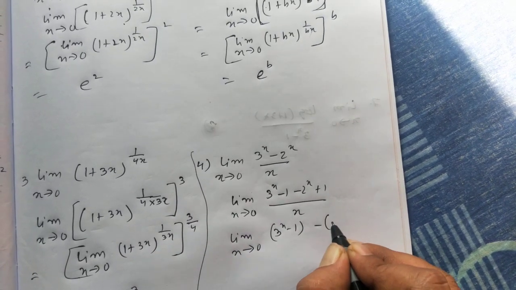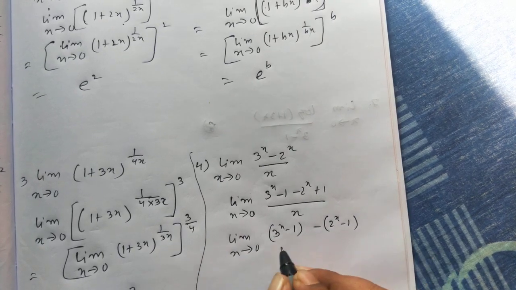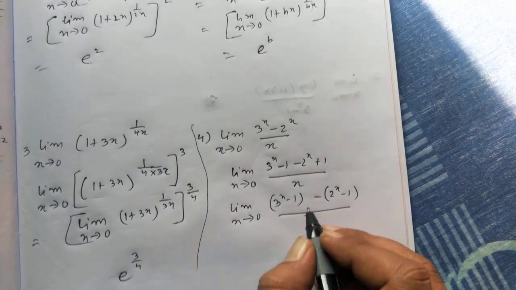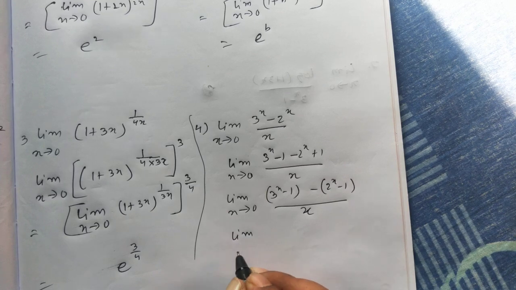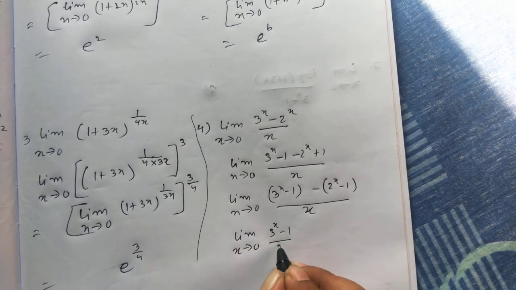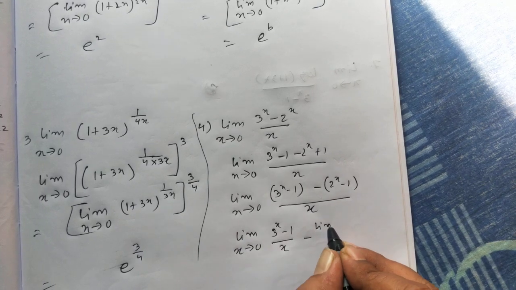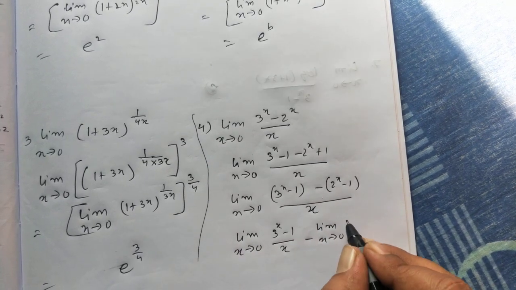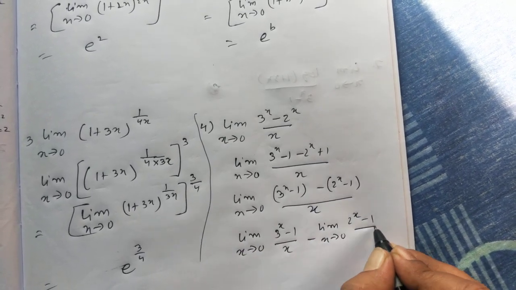if I take minus common, limit x tends to 0, we can write (3^x minus 1) by x minus limit x tends to 0, (2^x minus 1) by x.